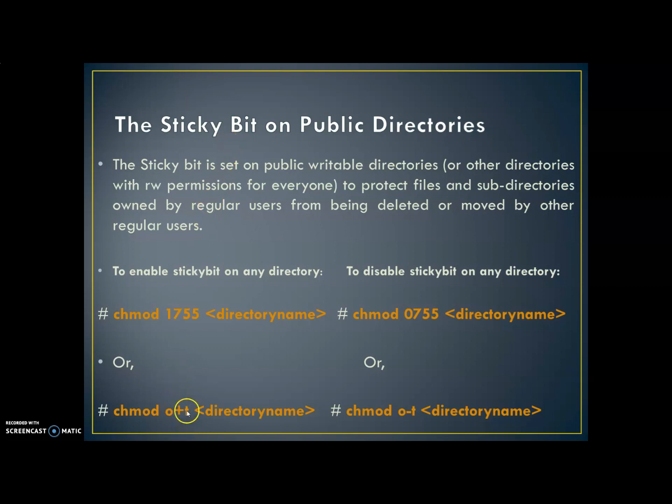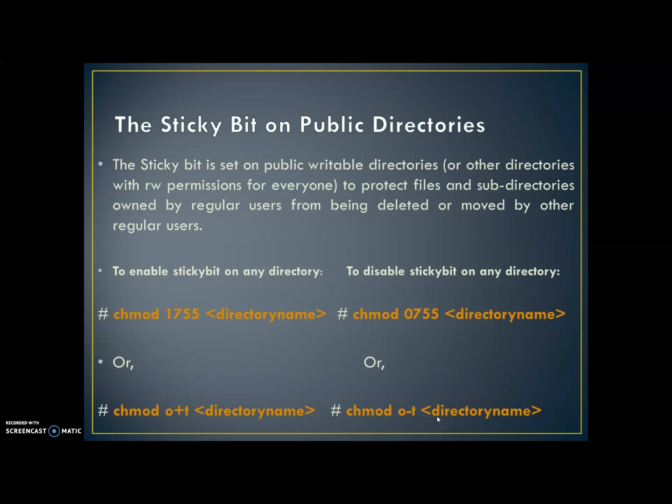And if I want to enable, I will use the plus symbol. If I want to disable it, we will be using the 0 in the case of absolute method. And if I want to use a symbolic method, I will be using the minus symbol instead of the plus. chmod o-t and the argument, that is the directory name.